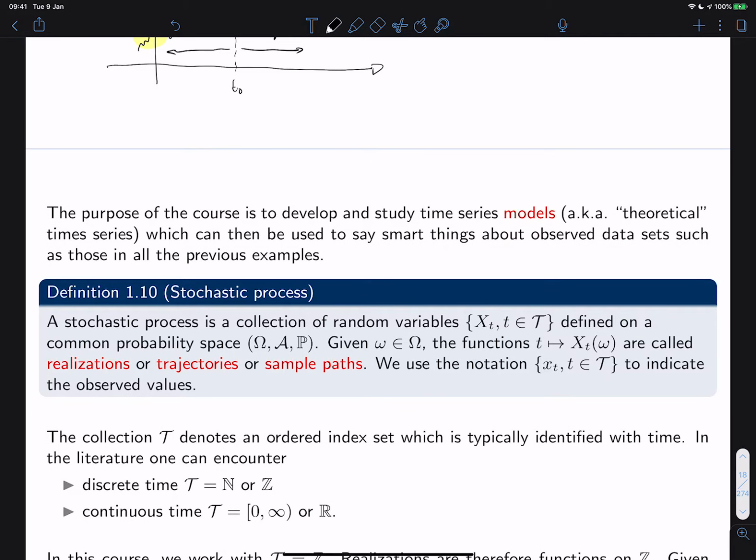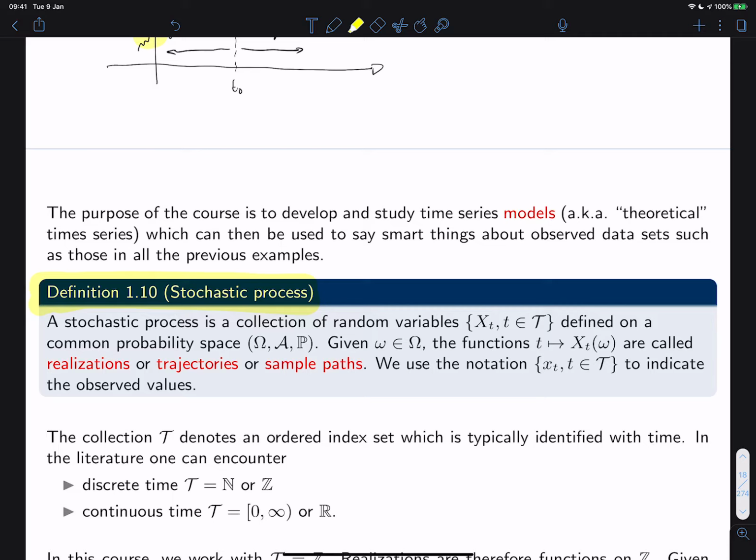In order to say smart things, we need definitions. At least as a mathematician, I am happier with definitions. The first definition, which all mathematicians know, and probably a lot of you know already, is that of a stochastic process.